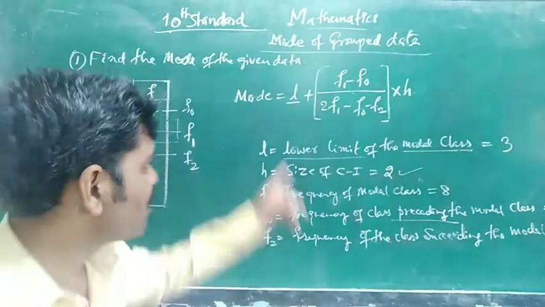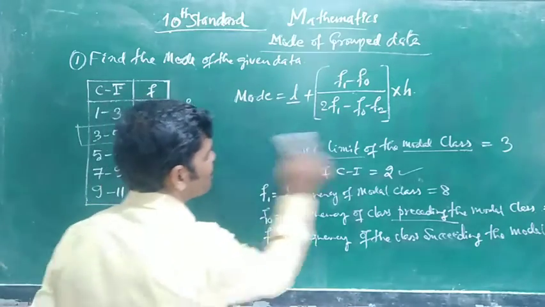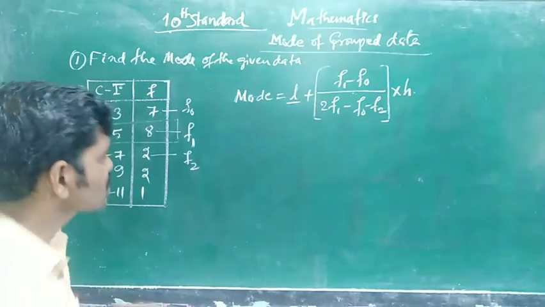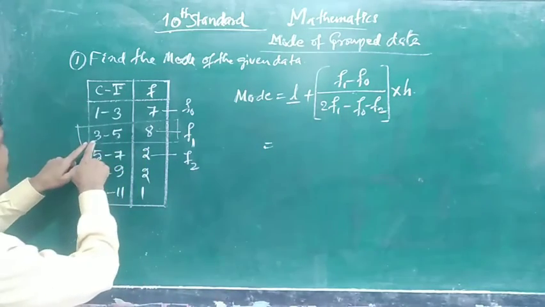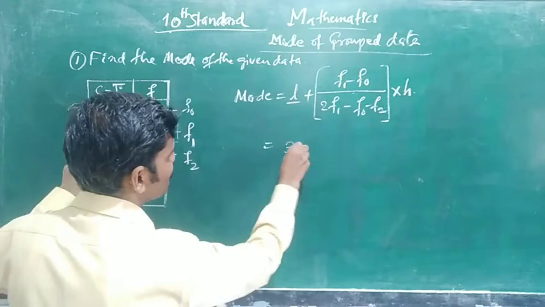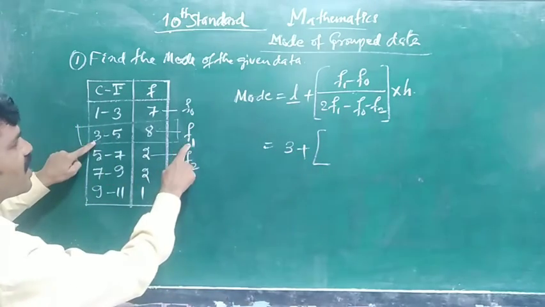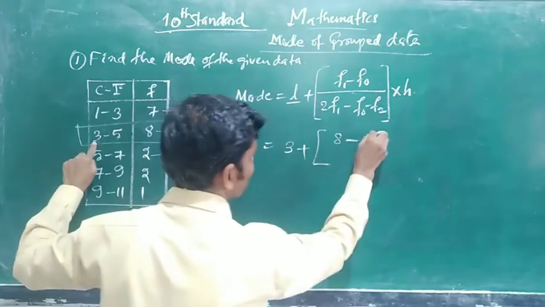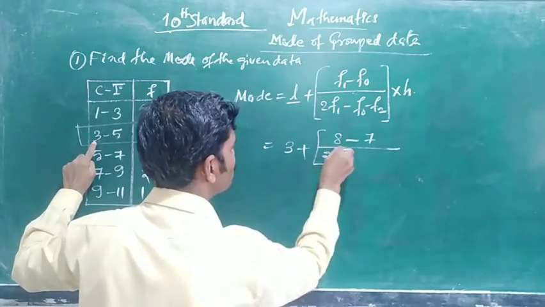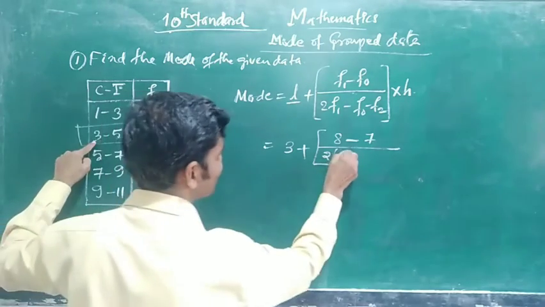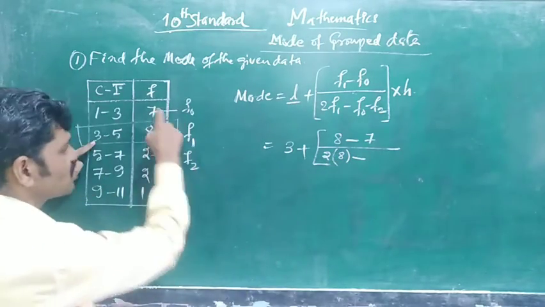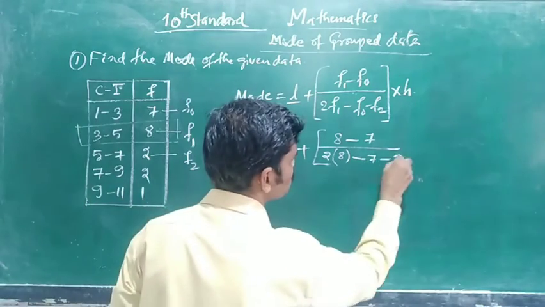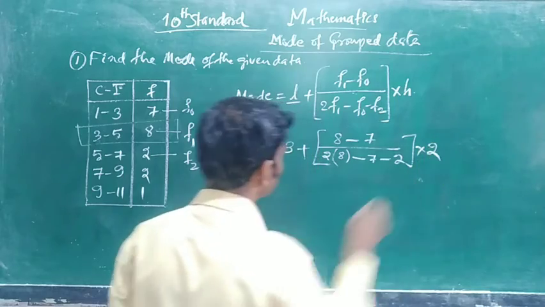See, by applying these values in the formula, what happens? Let us discuss now. This is equal to L, the lower limit, that is 3, plus f1, that is 8, minus f0, that is 7, over 2 into f1, that is 8, minus f0, that is 7, minus f2, that is 2, multiplied by 2.